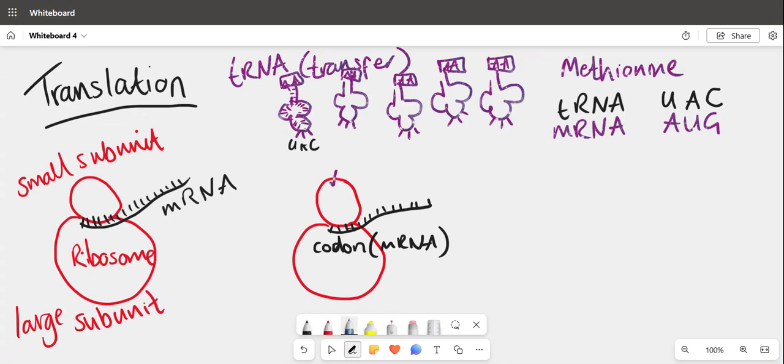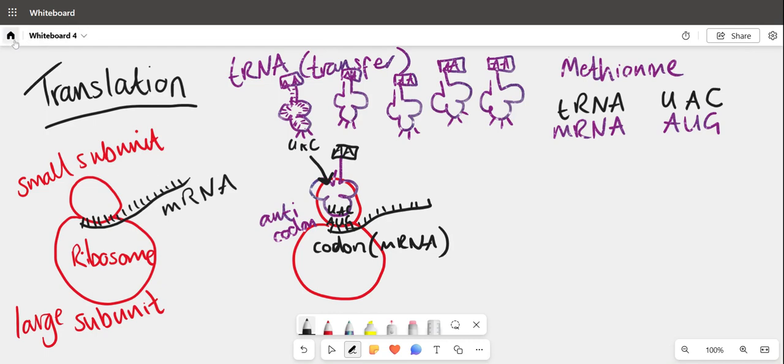The 3 bases that stick out from a tRNA are called an anticodon. So what we need is, as we said, the codon will always start with AUG. So what we need is this tRNA here with UAC there, UAC, to bind on because AUG and UAC are complementary, and it will bring with it a certain amino acid.